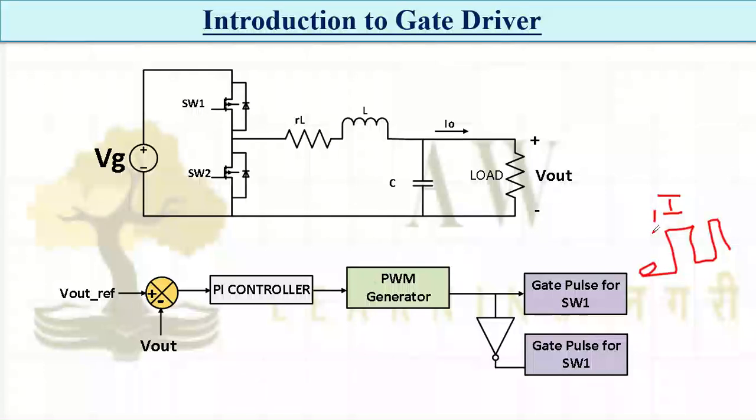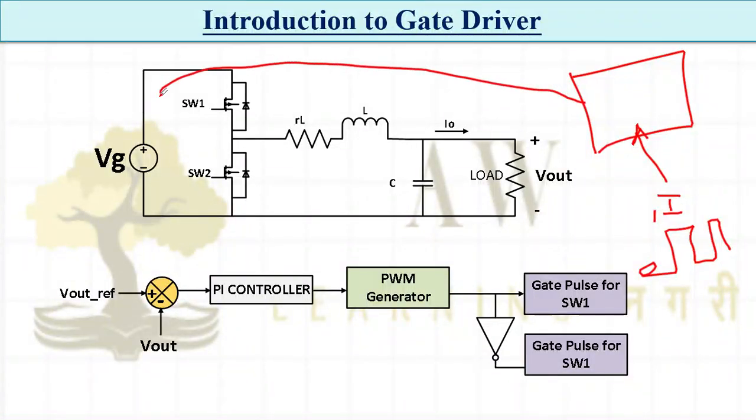I need to put in some power electronic circuit. It will take this 1 0 and form some higher value of current that I am going to give to my switches. So what is the circuit which will do that? This is my gate driver.